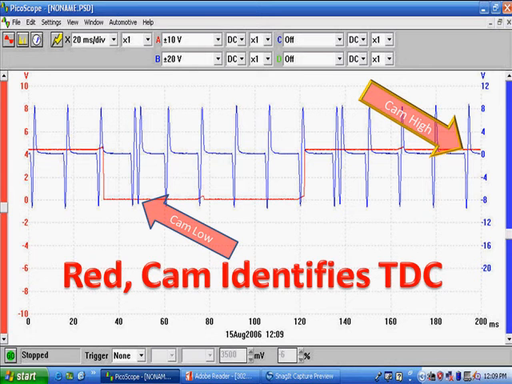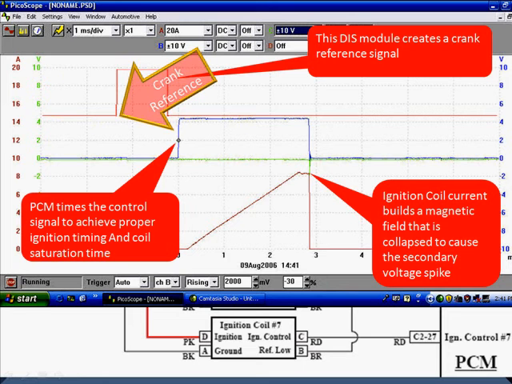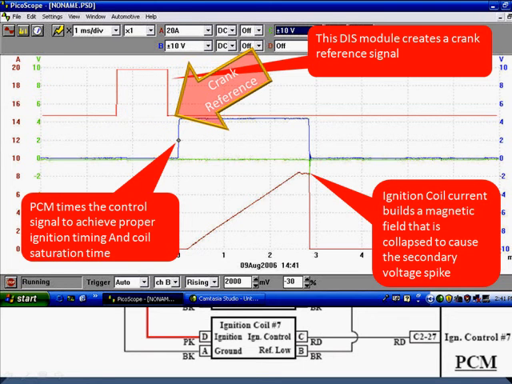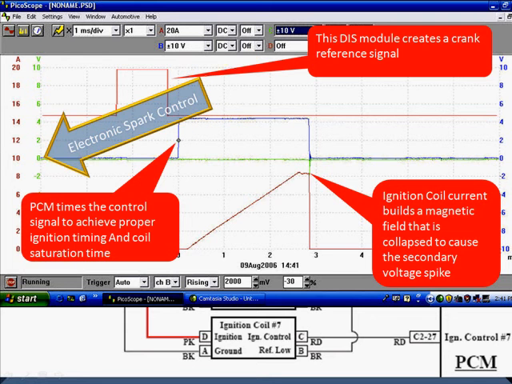Let's go one step deeper and start breaking these signals down a little bit smaller. Here's our crank reference we saw earlier. We take the crank reference, the red signal, and send it to the PCM. The PCM is going to change the timing and control the signal to achieve the proper ignition timing and the right coil saturation time.